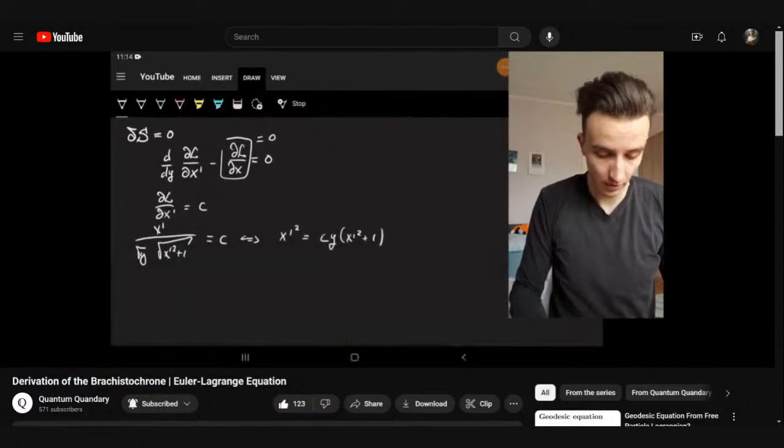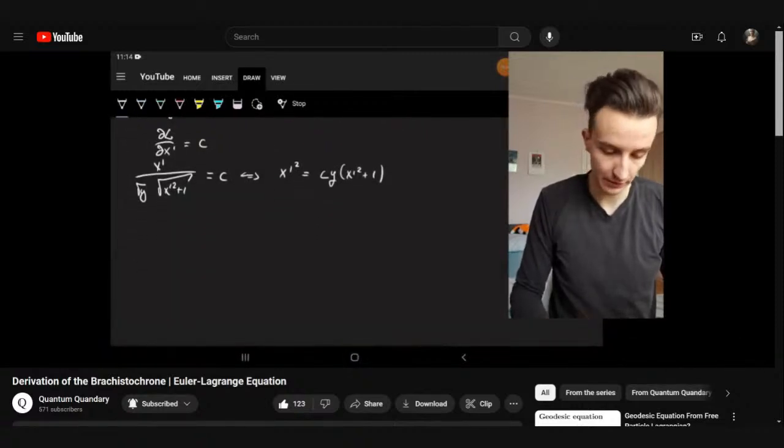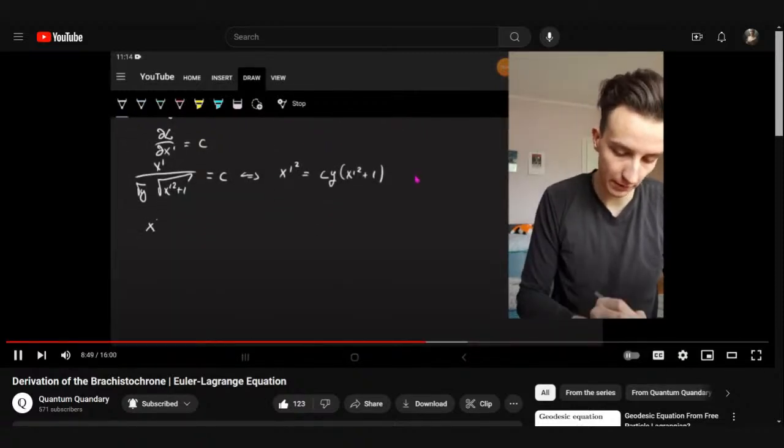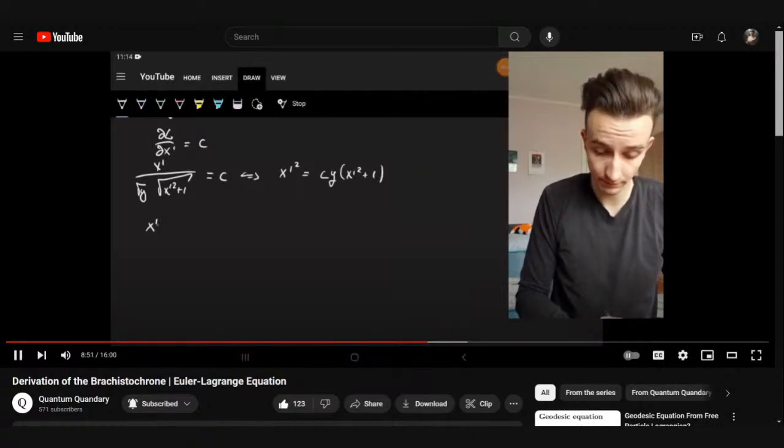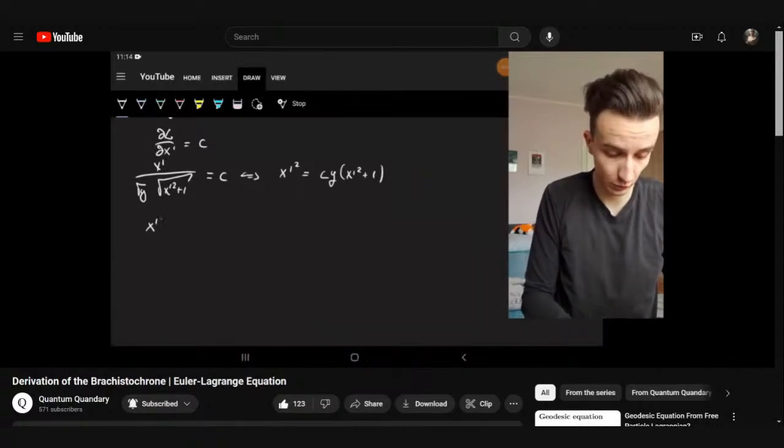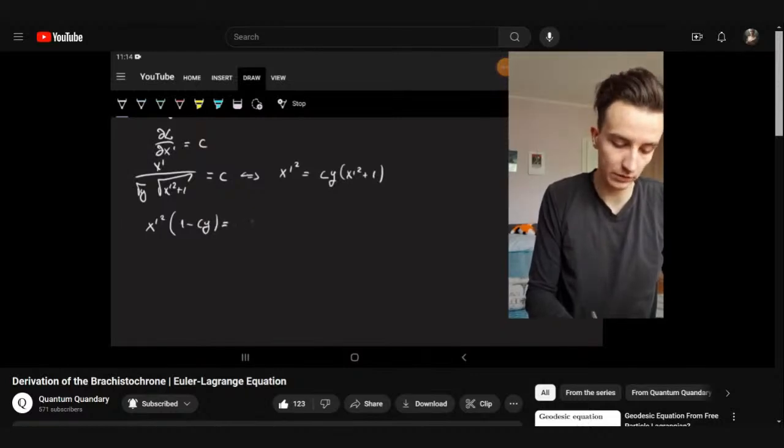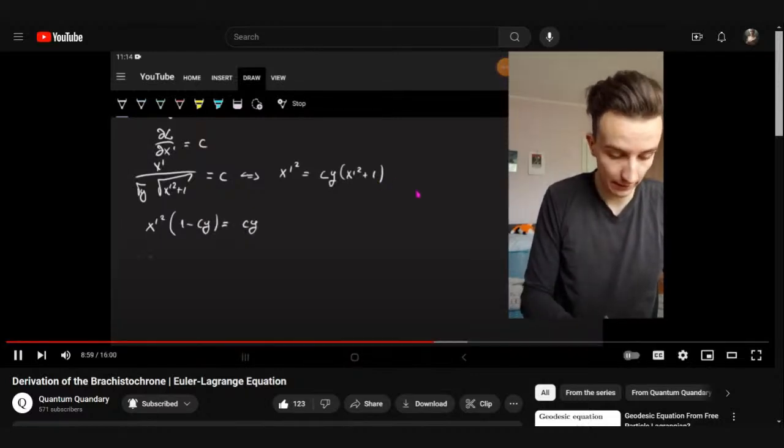We can express with respect to x prime. Let's keep it squared. 1 minus cy equals cy, and x prime.